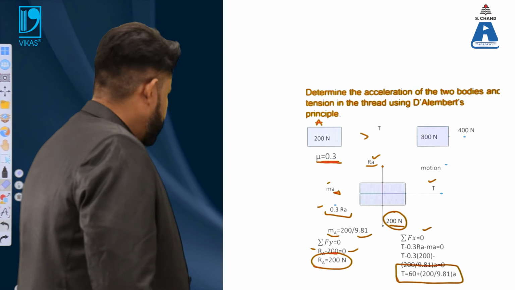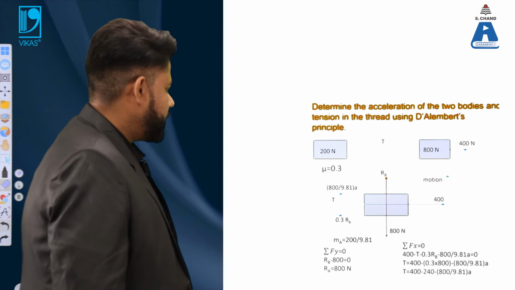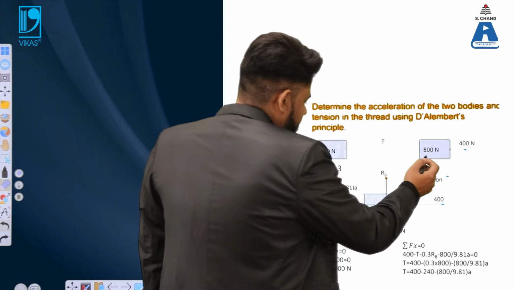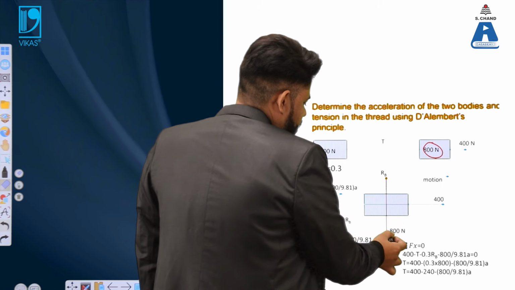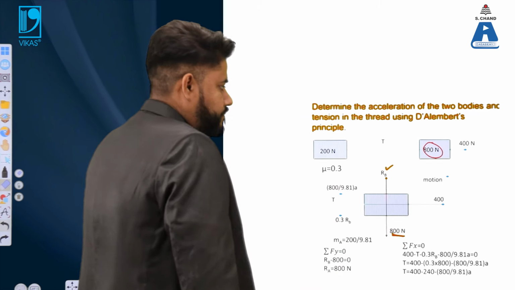Now, considering the B object, we have to go with D'Alembert's principle again. This B object has a force of 800 applied, and the opposite reaction is Rb.